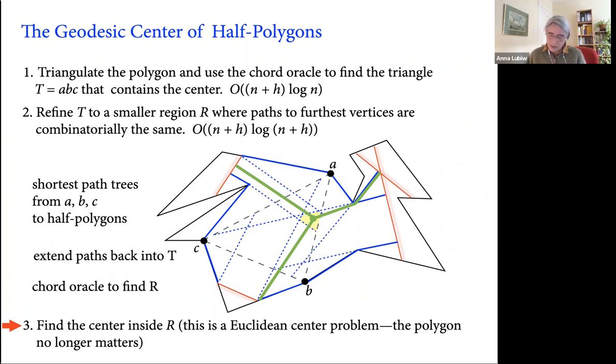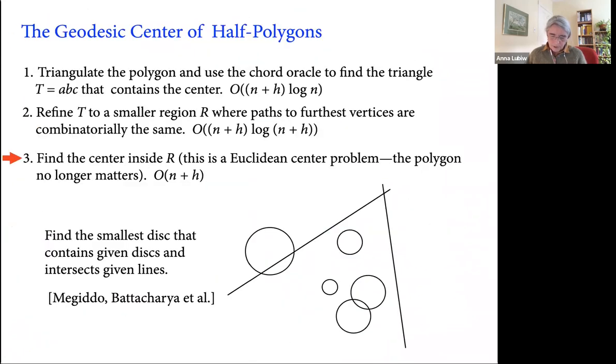Let me show you why. If you remember, what we were saying here is that from here, I just need to know Euclidean distance to this point plus a constant. And I need to know Euclidean distance to this line and distance to this point. So what it becomes is I have certain disks.